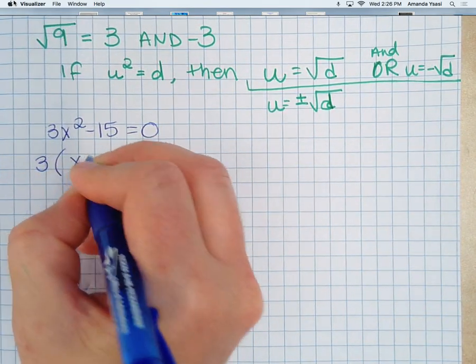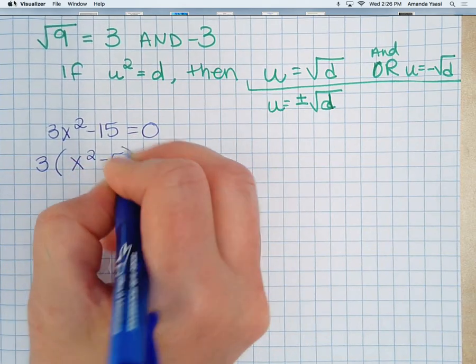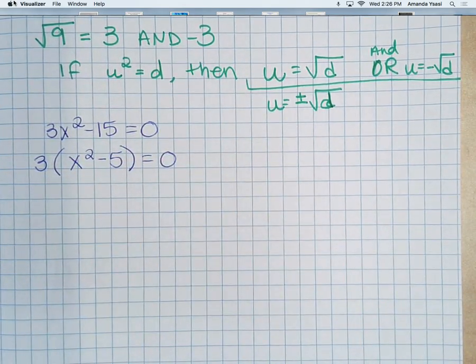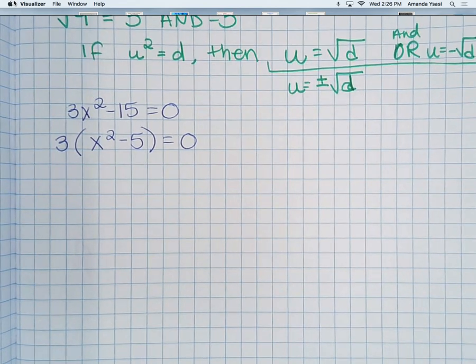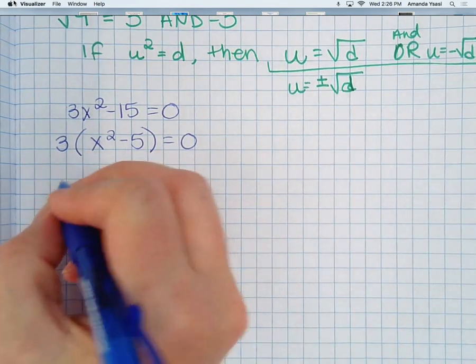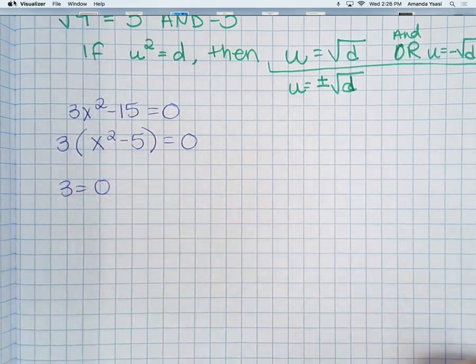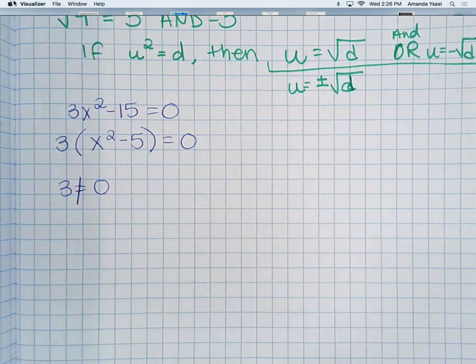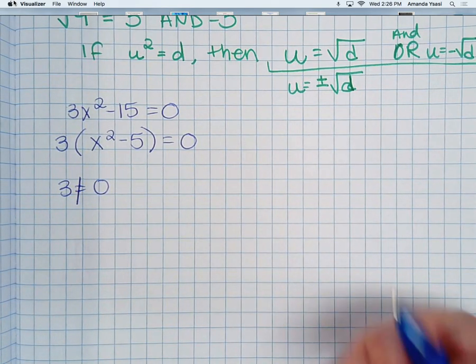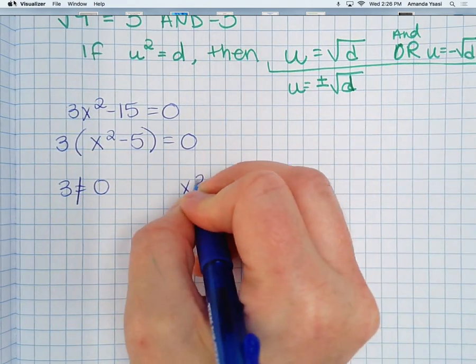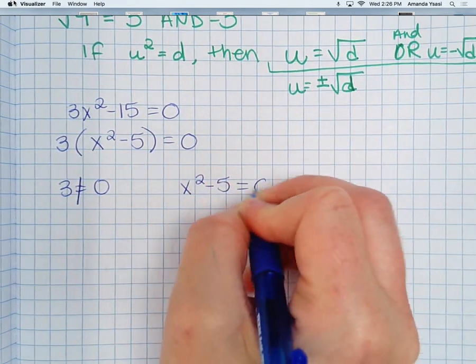So then it'd be x squared minus 5 equals 0. So then we have two solutions. 3 equals 0, but that's not true, right? No. Then we can do x squared minus 5 equals 0.